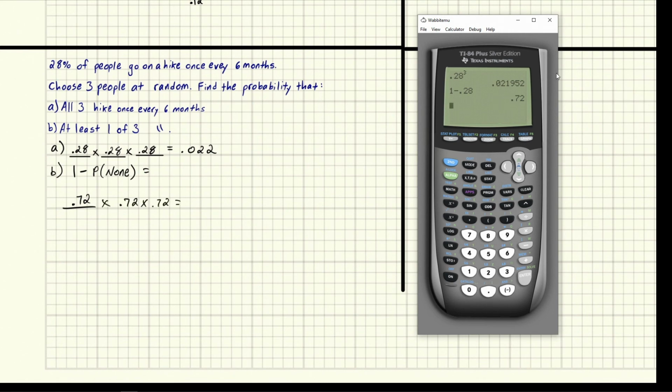This is the probability of none. It's 0.72 raised to the third, so that is 0.373. So we have 1 minus 0.373, which is 0.627. So this is the probability that at least one of the 3 will go on a hike once every 6 months.